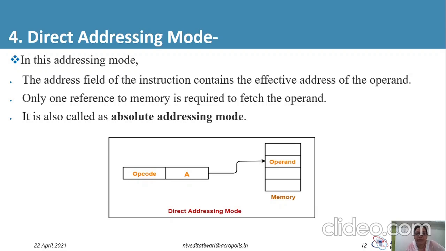This type of addressing mode is also known as the absolute addressing mode. And the formula for this addressing mode is effective address equal to A, where A designates the address field of the instruction, the address available in the instruction itself.